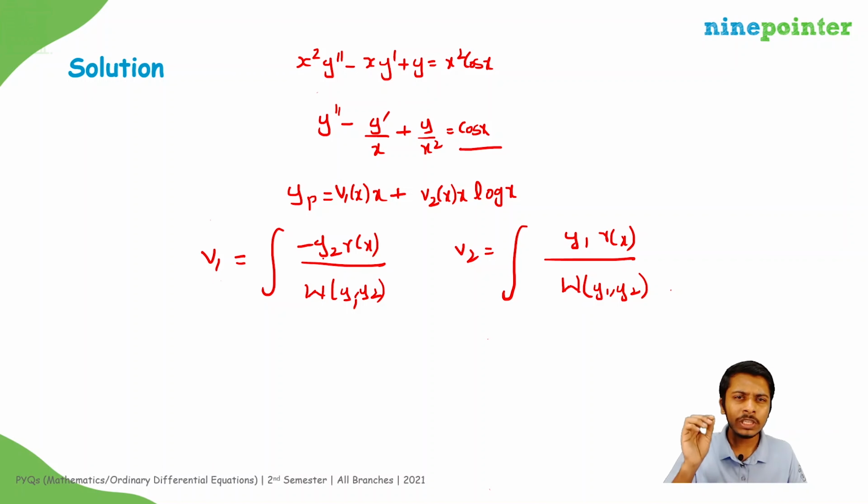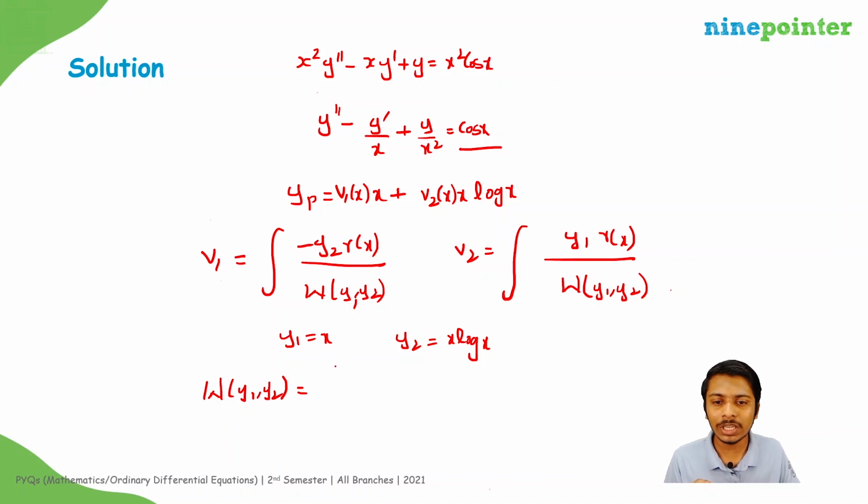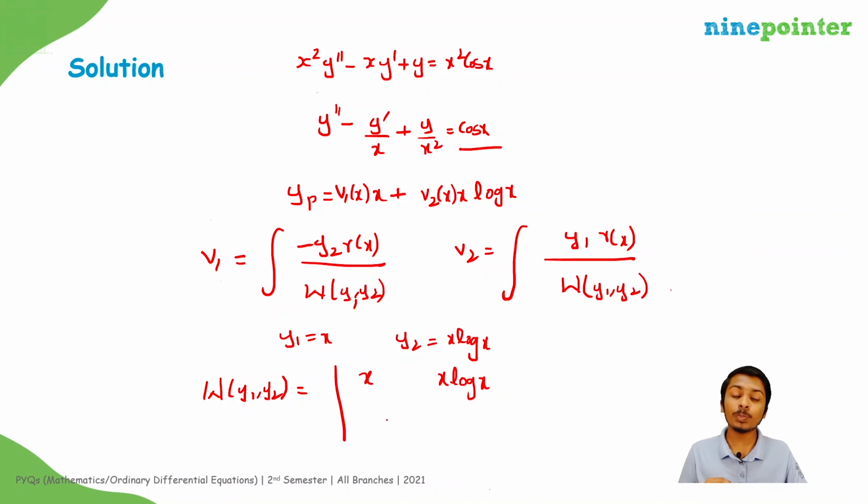Wronskian we can evaluate. We have y1 as x and y2 as x log x. So the Wronskian of y1 y2 is equal to the determinant with y1, and here I will put y2, and below them I have to put their derivatives. The derivative of x is simply 1, and what is the derivative of x log x? I will have to use the product rule.